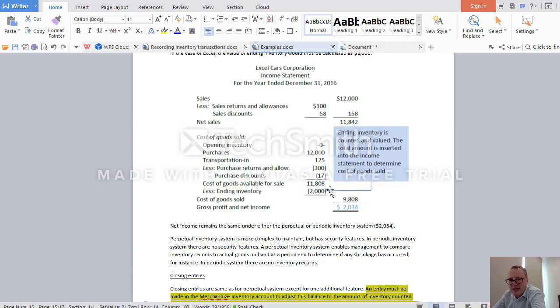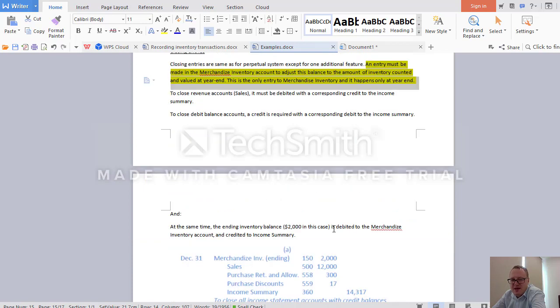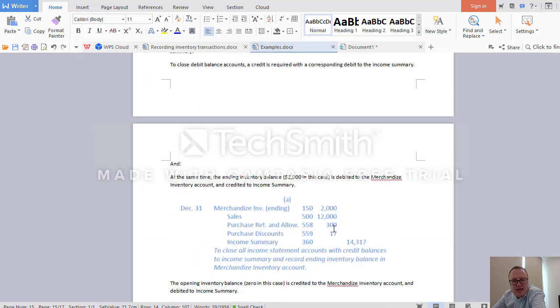Then the closing entries would be pretty much the same as with the perpetual inventory system, but here, at the point when you move items to the income summary, you need to include inventory. So remember that during the year you do not touch the inventories, but at the end, when you have counted inventory, you must include it.